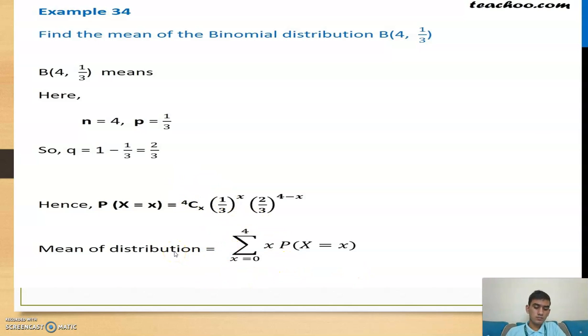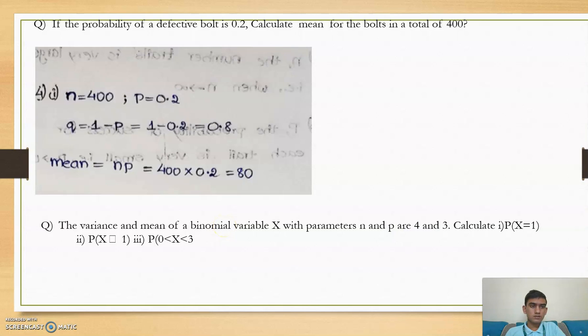Now we will look at one more numerical. In this, the probability of a defective bolt is 0.2. Calculate the mean number of defective bolts in a total of 400. So n is given, the number of trials is 400, and probability of success is 0.2.